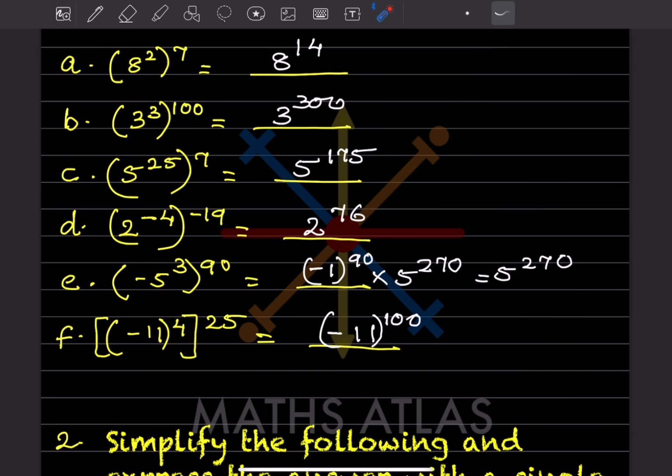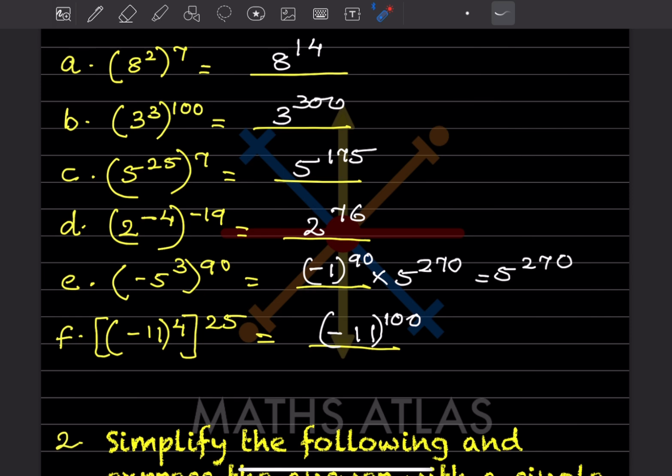So what will be there? Minus 1 raised to 90, because this is an even number. So whenever you have even number this will be always positive. So you have to forget about this one because that is just 1. So the answer should be 5 raised to 270.